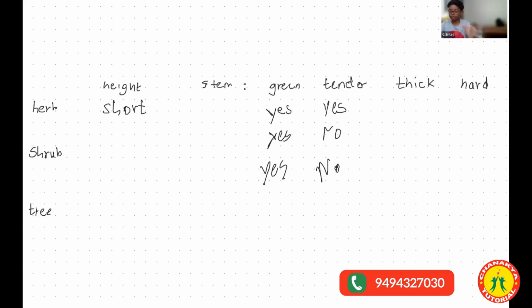That will be your homework. I'll see you all tomorrow. Any doubts so far? Okay, all right. So please do the homework. It's a very small and simple homework. And also find examples for each: herbs, shrubs, and trees.